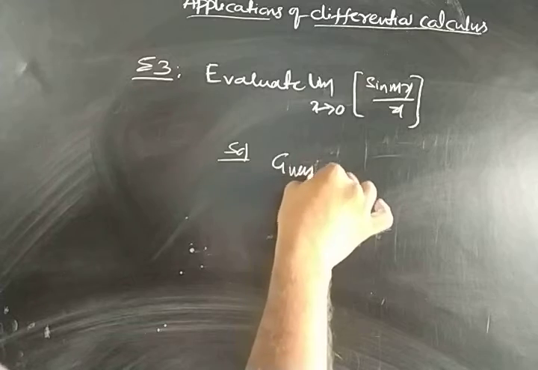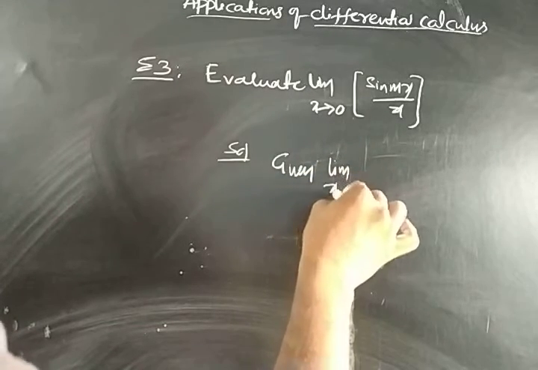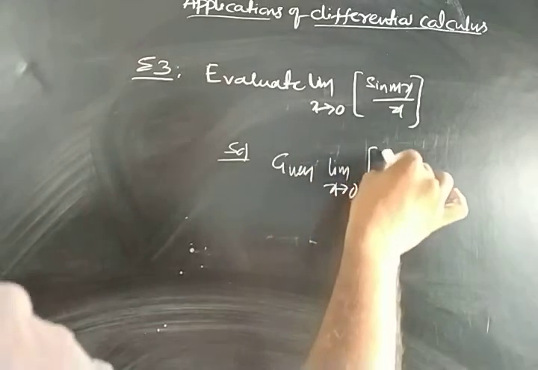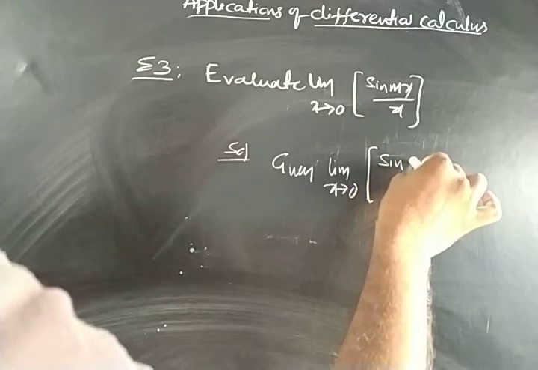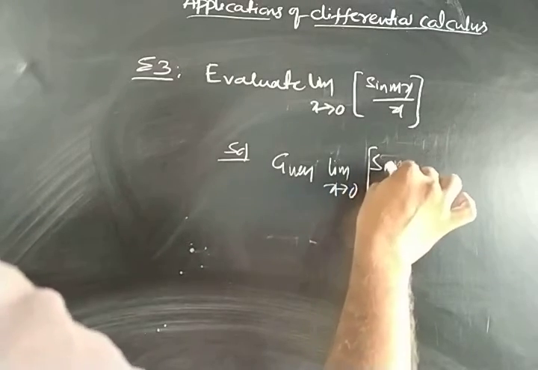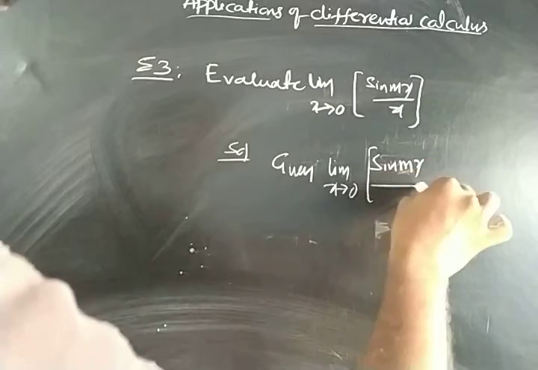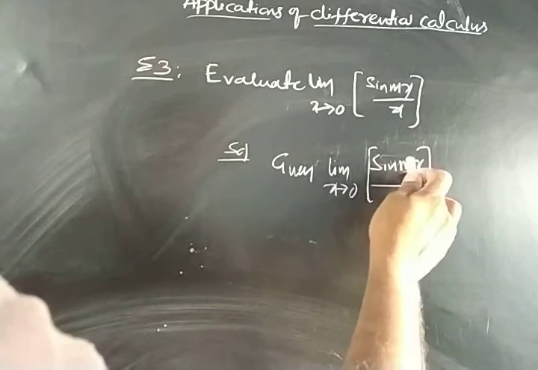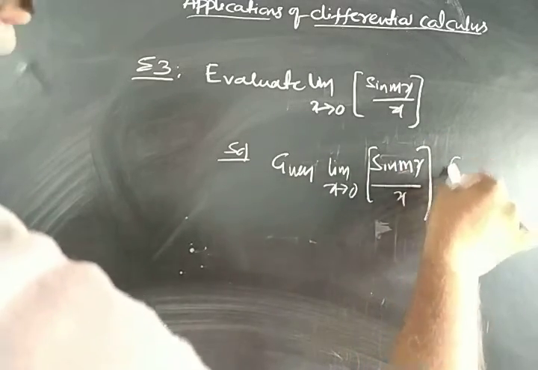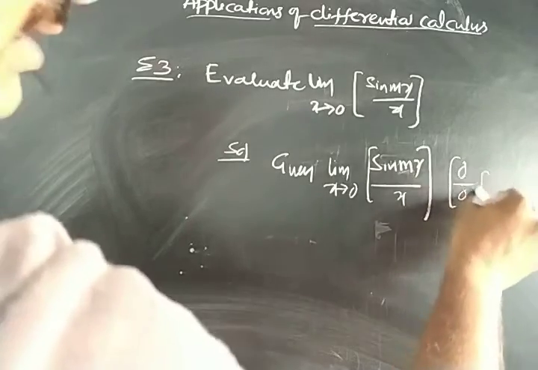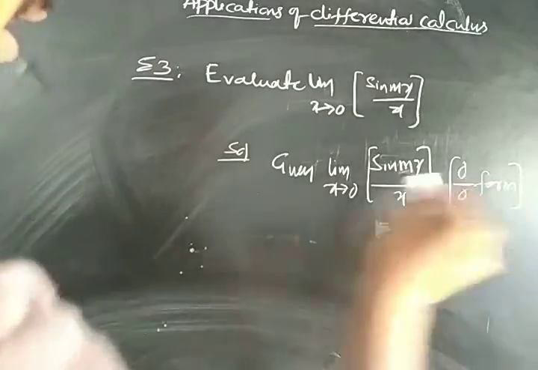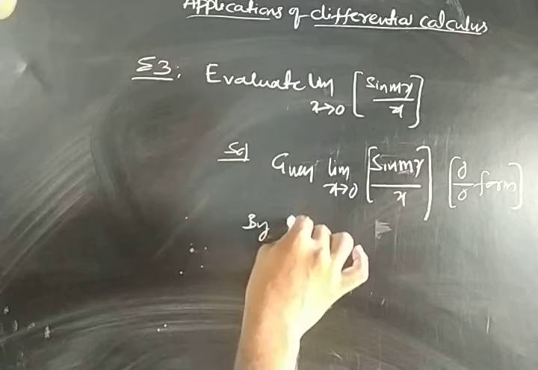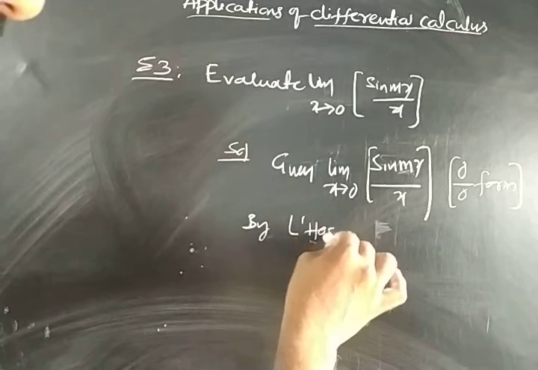Given the function sin mx by x, if you put x equal to 0, sin 0 is 0, so it is 0 by 0 form. Again by L'Hospital rule.